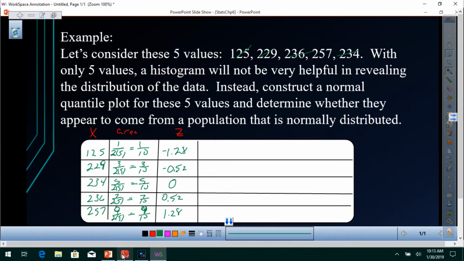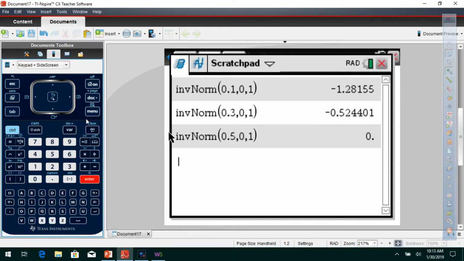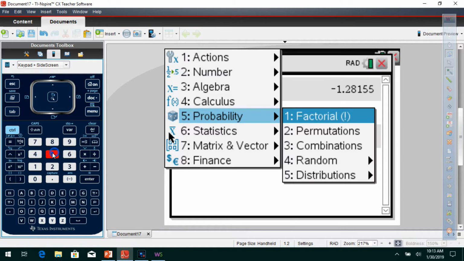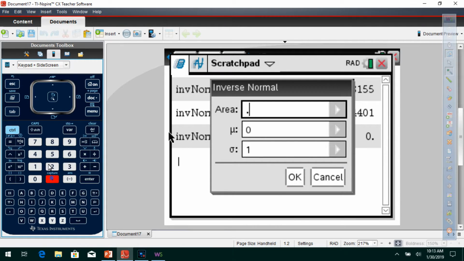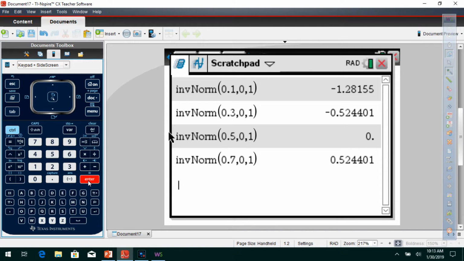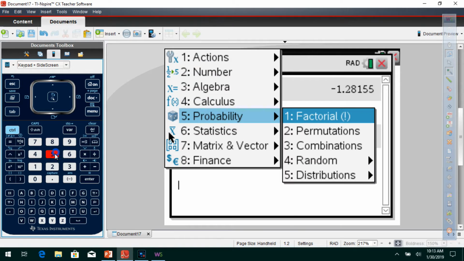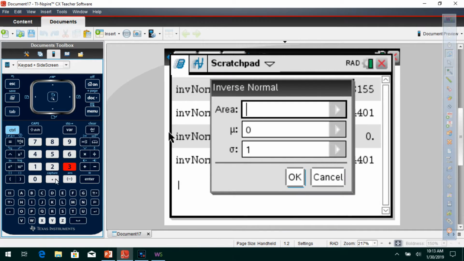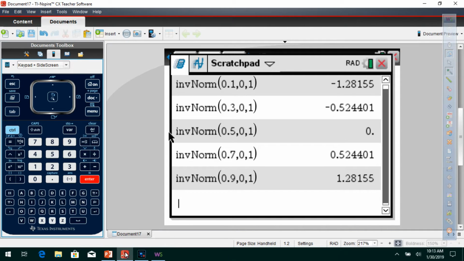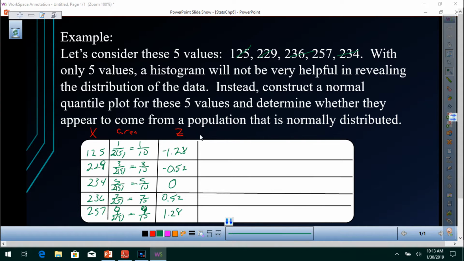I know you probably don't believe me, but let's try. Menu 5 5 3, we'll put in 0.7. Oh, 0.52. And then 0.9, 1.28. All right, good.